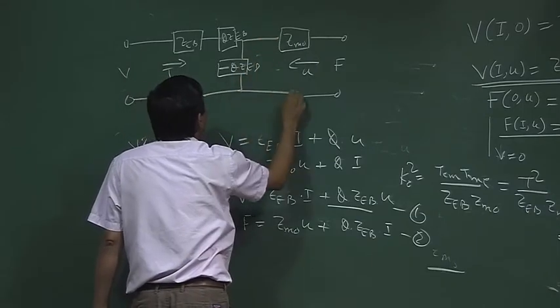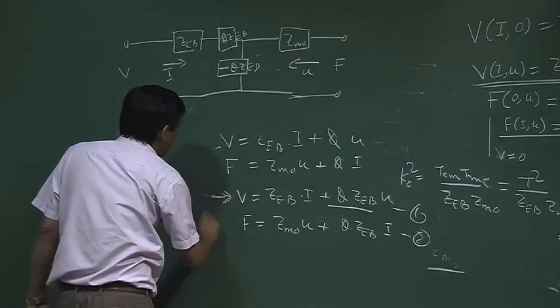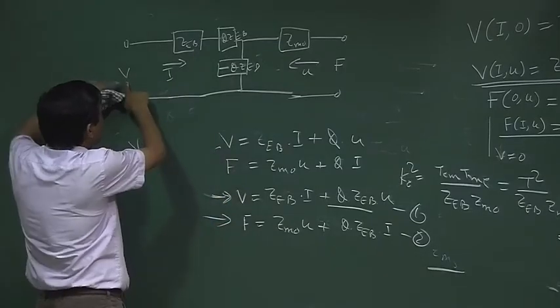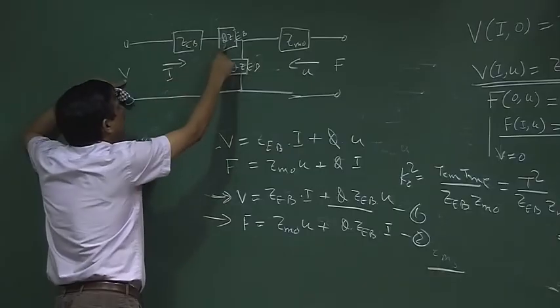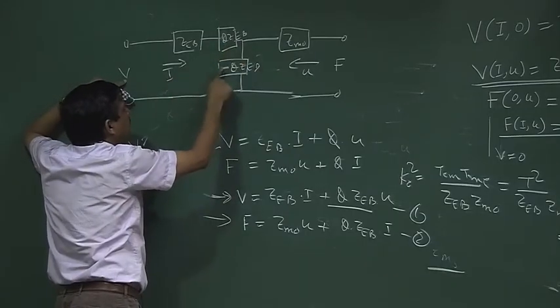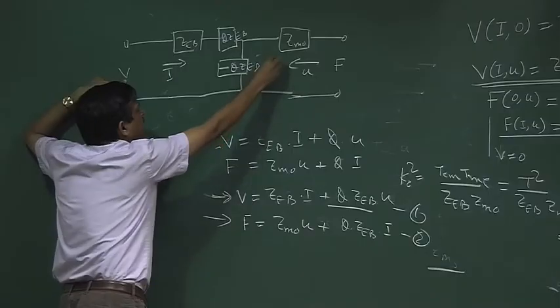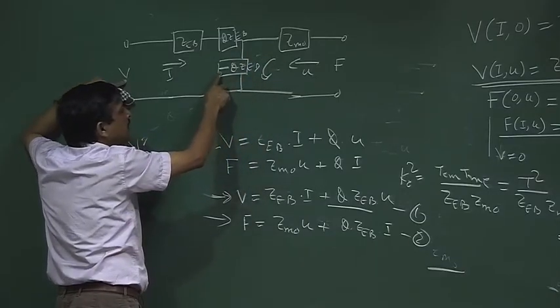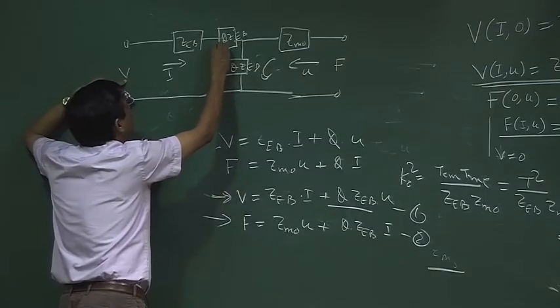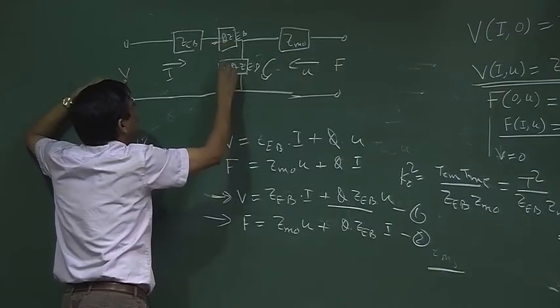If I complete these circuits, these two equations stand. V is equal to ZdB into I plus phi into ZdB into I minus phi into ZdB into I, and U into, sorry, this will be minus and I put it plus.